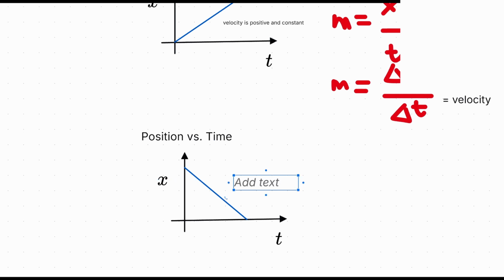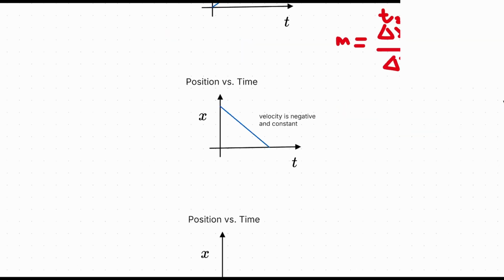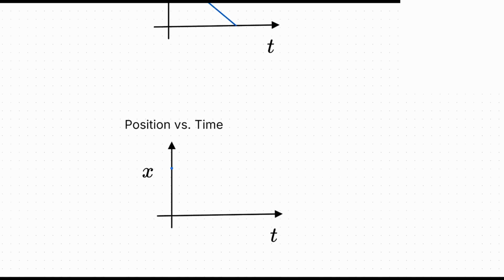So we have here velocity is negative, again because velocity is the slope of this graph, and constant. All right. Next, what about if it's like this? Just a horizontal line. No movement along the position. So here, we can say that we have a zero velocity.